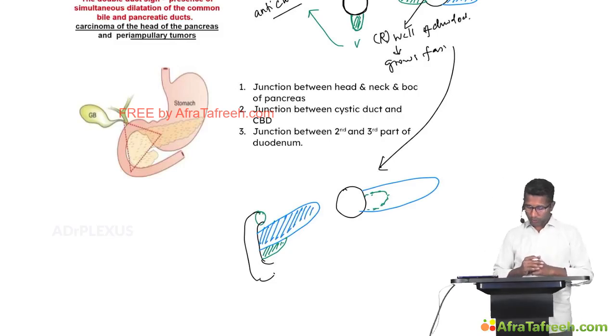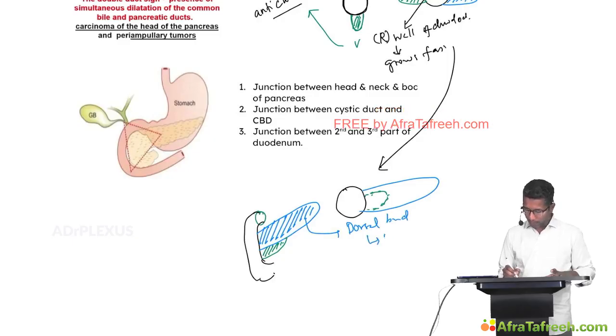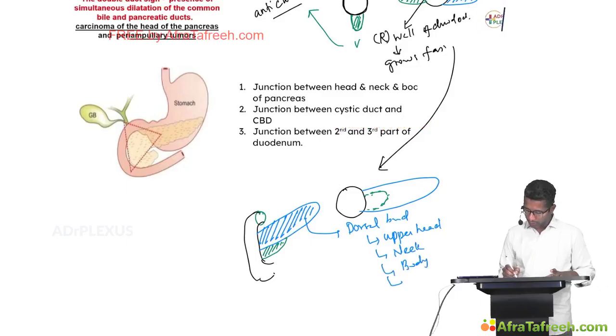Since you have the dorsal bud above, this dorsal bud gives rise to the upper half of the head, the neck of the pancreas, the body of the pancreas, and the tail of the pancreas.